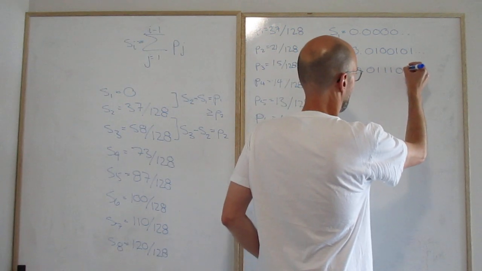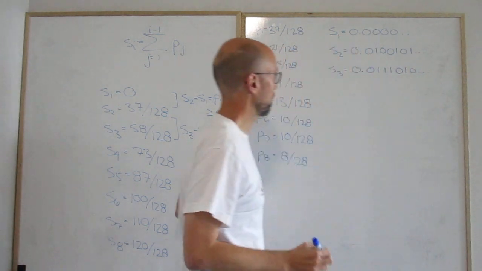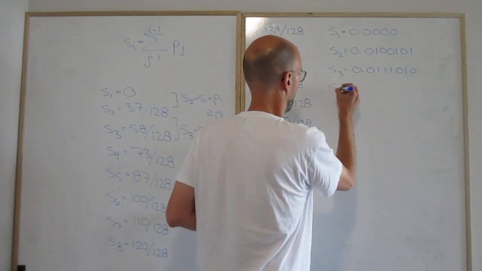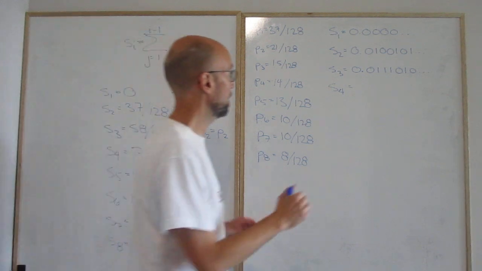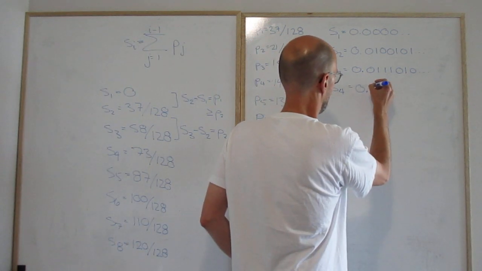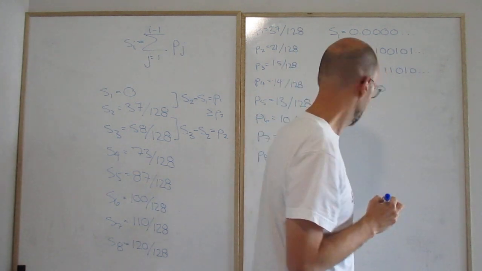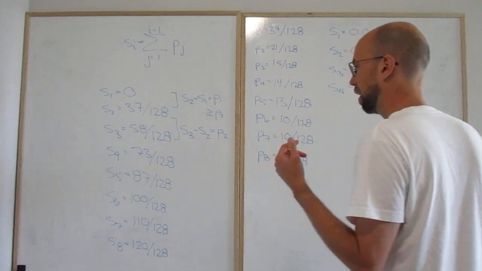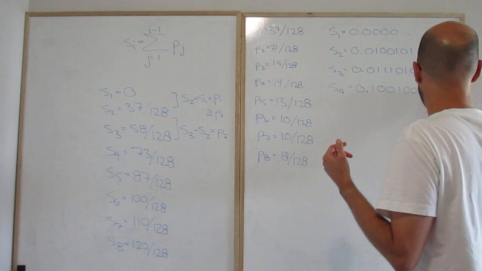It isn't 4, it is 2. Okay, so I'm not going to do this for all of them. S4 is equal to 73, which is 64, not 32. 73 is not 16. It is 8. It's not 4, it's not 2, it is 1.